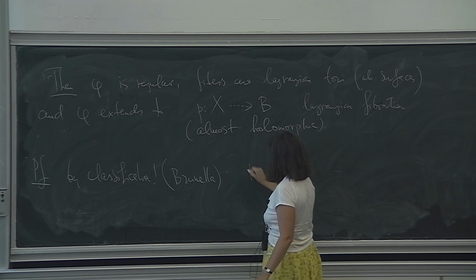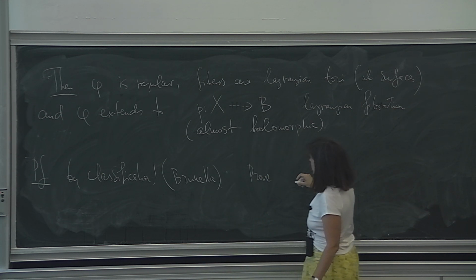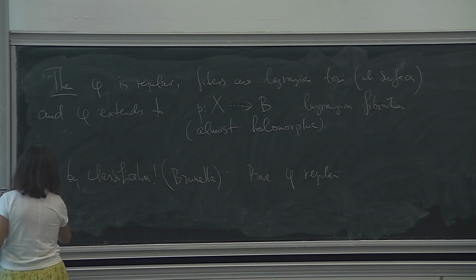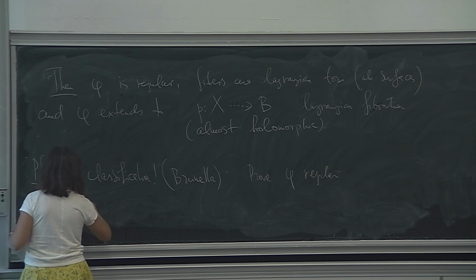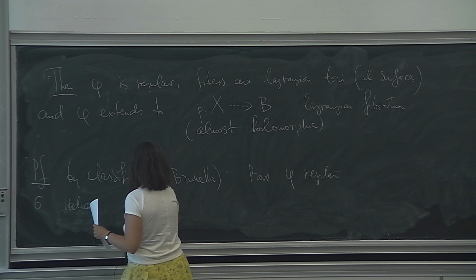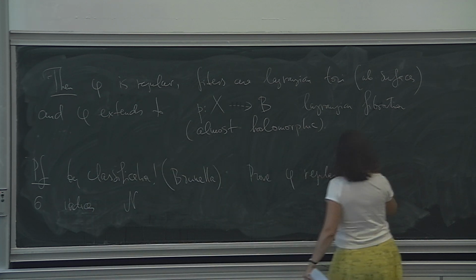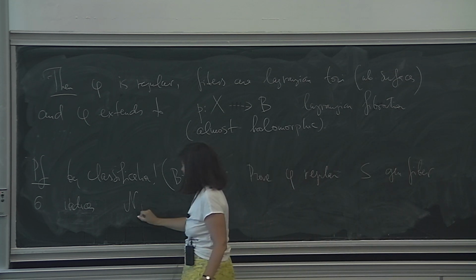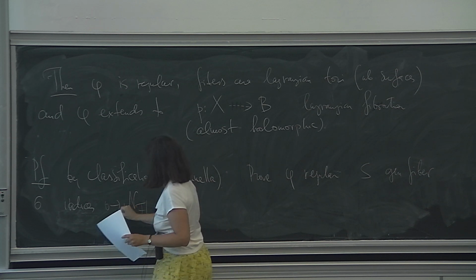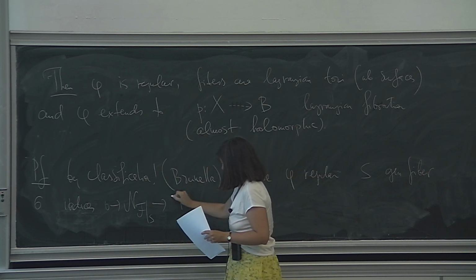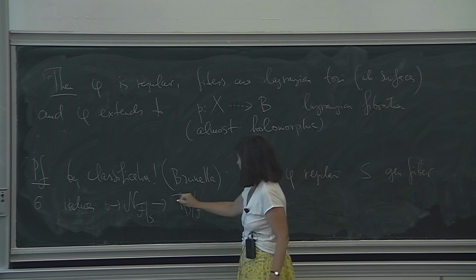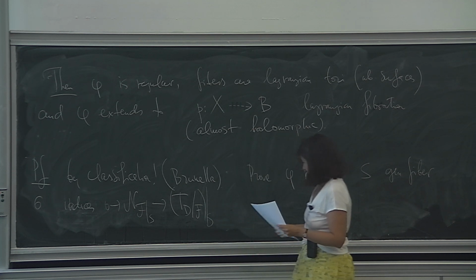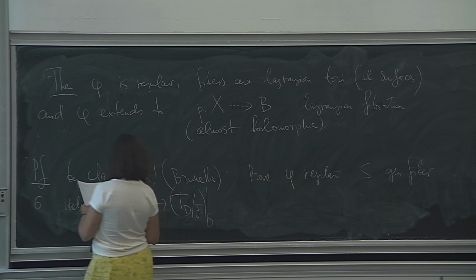Well, first you prove that phi is regular. Then you have, of course, this sigma, which induces what? It induces what? Let S be a general fiber. Then you have N of F restricted to S. The normal bundle goes to the quotient by the kernel, or is it the conormal bundle?